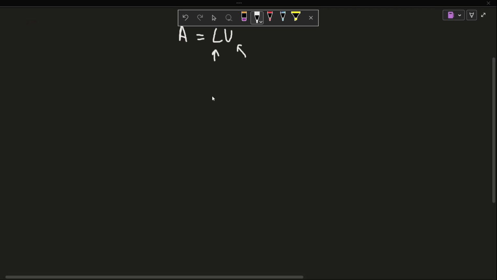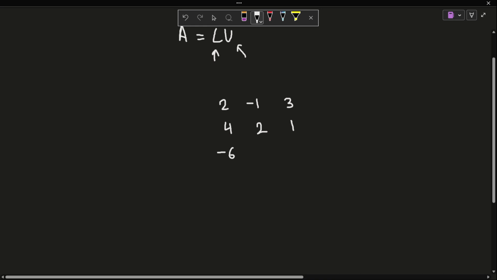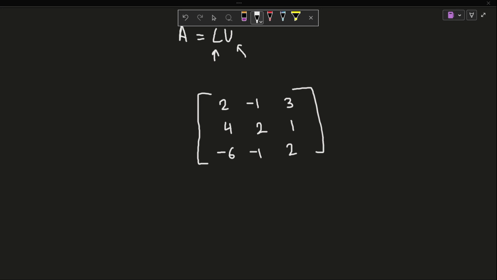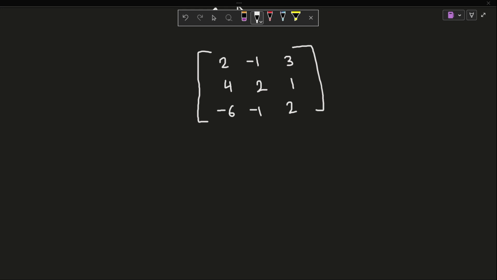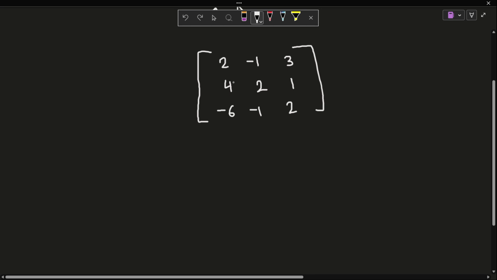So let's take a look at this 3 by 3 matrix: 2, minus 1, 3, 4, 2, 1, minus 6, minus 1, 2. In order to find the LU decomposition, let's first transform this into upper triangular. We're going to add to the second row minus 2 times the first row to get rid of this 4.